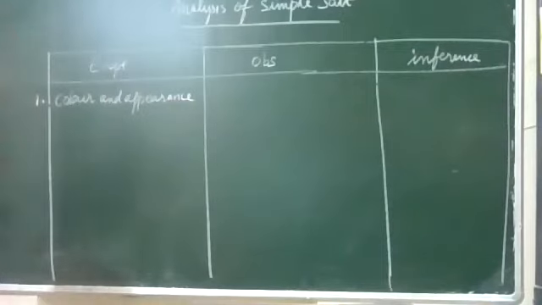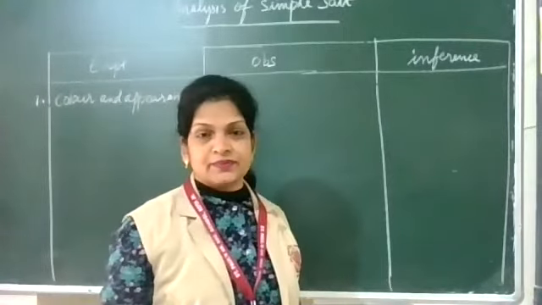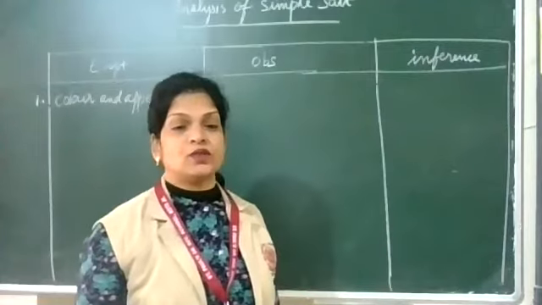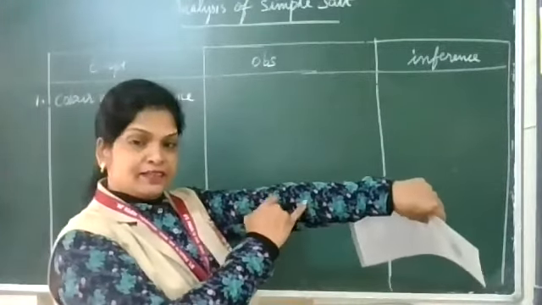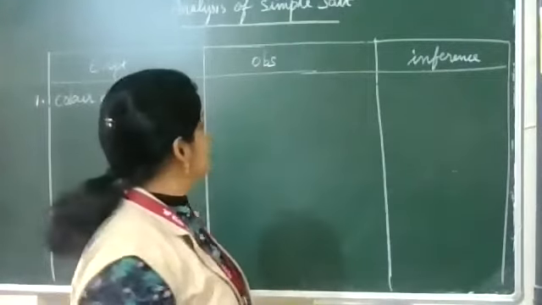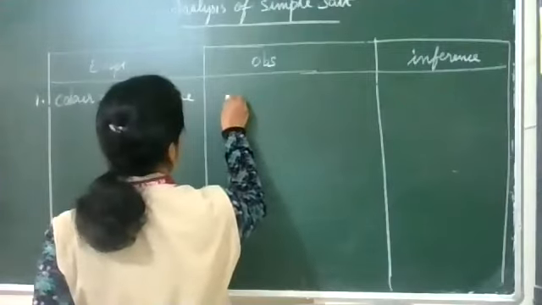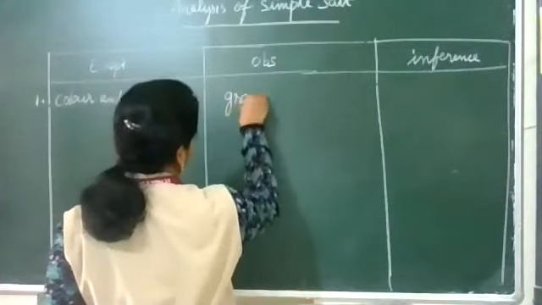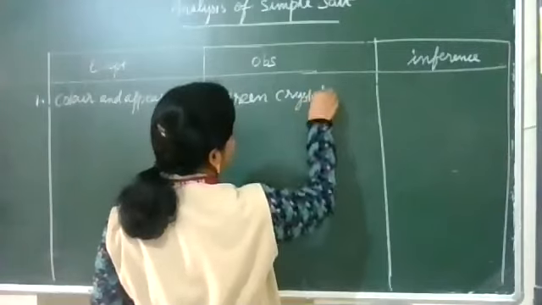Now I told you I have given you a green salt, a green crystalline salt it is. From this color, emerald green, we will be writing color: green, crystalline.